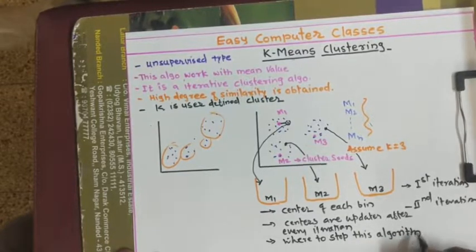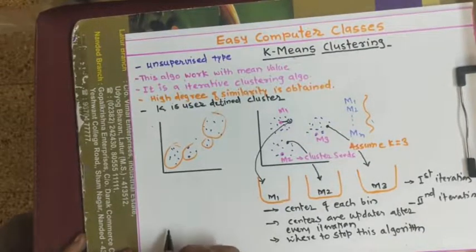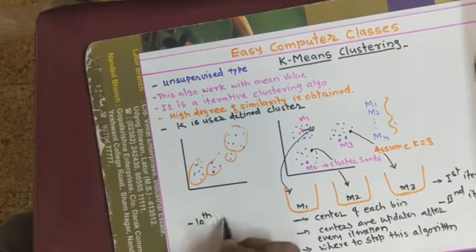Let us consider the 10th iteration, in which we have some centers.